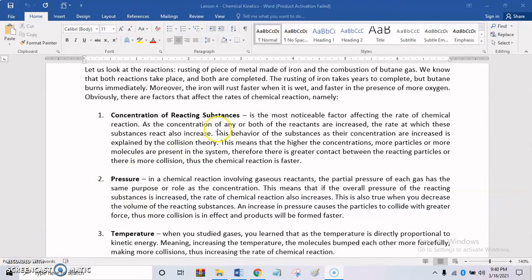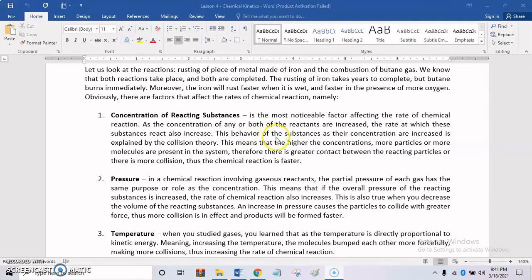When the factor is the concentration of reacting substances, it is the most noticeable factor that affects the rate of a chemical reaction. As the concentration of any or both of the reactants is increased, the rate at which these substances react also increases.